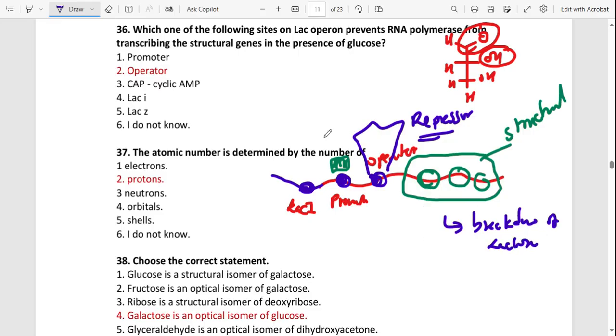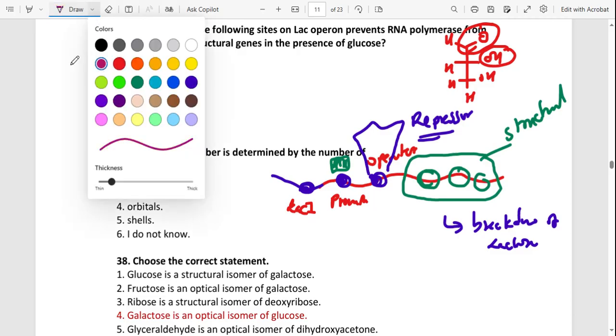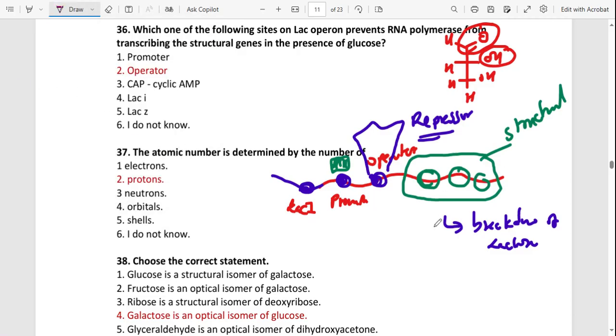So the only way you are going to form the proteins that help in the breakdown of lactose is, number one, you should have no glucose. Completely, glucose should be used up. Number two, you should have the presence of lactose. Okay.